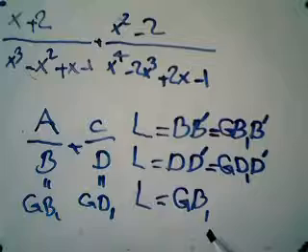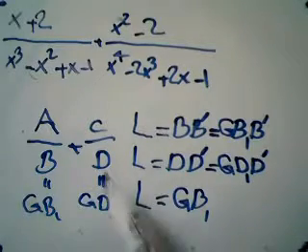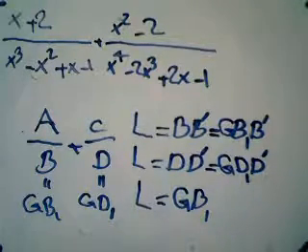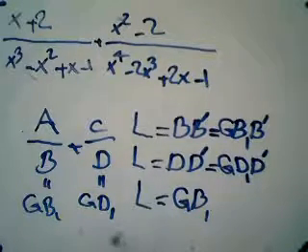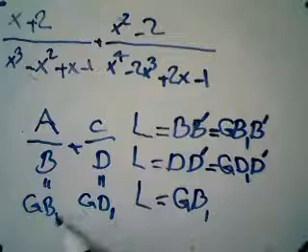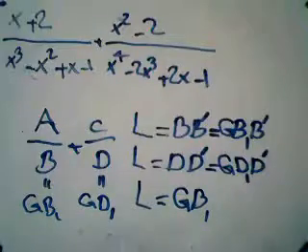So L should be divisible by both of them, and at the same time of the lowest possible degree. So it should be equal to G, also containing B1 and also D1.